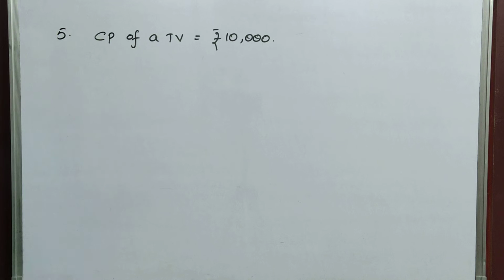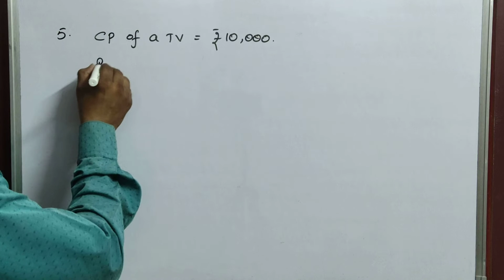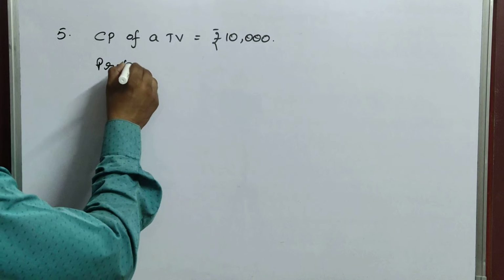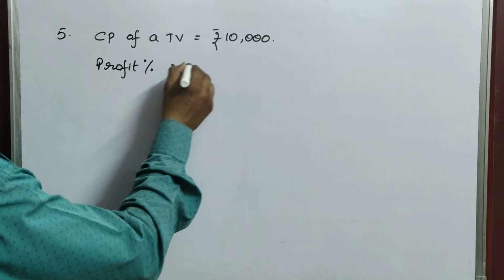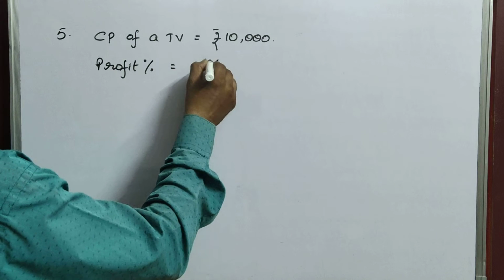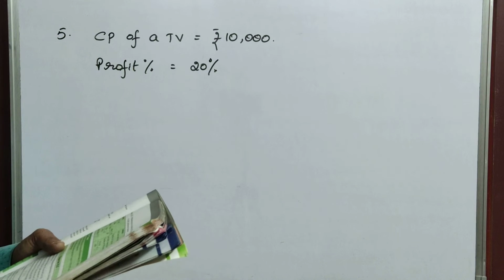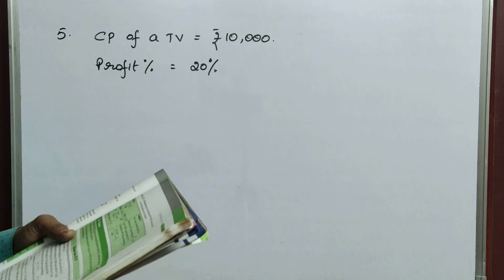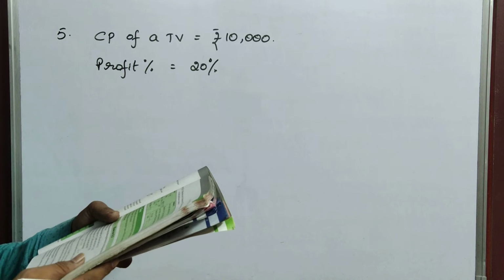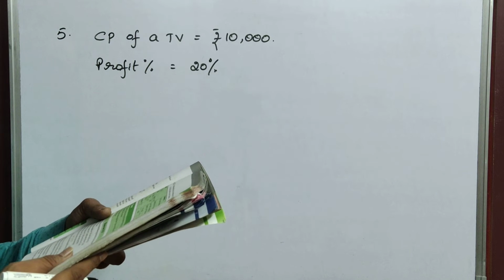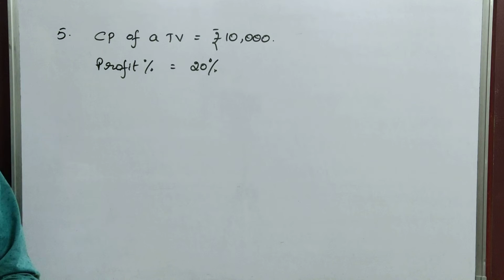He gave the profit percentage, so profit percentage equals 20%. Then it is asking how much money do I get for it? That means what he will get for the amount. That means selling price. So it is asking for the selling price.